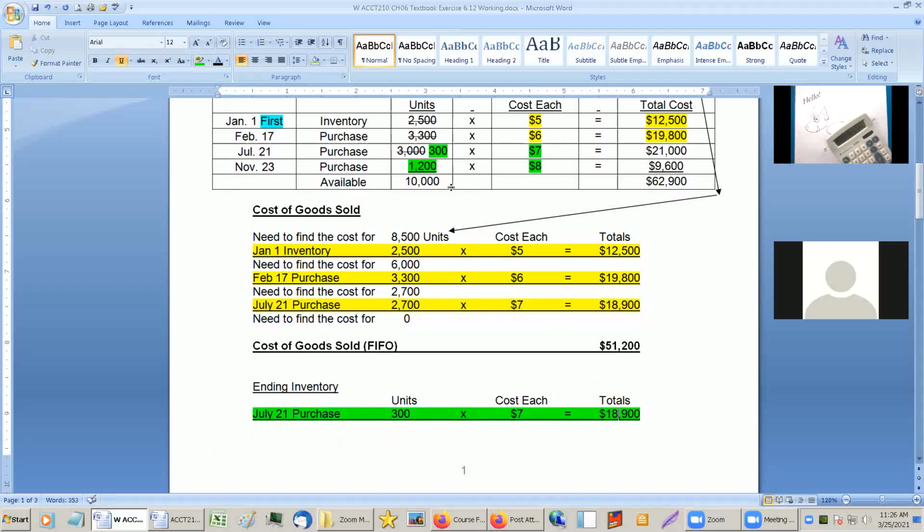Okay, so we still have 300 in that layer at 7. I think that's just 2,100, isn't it? Let me check that one, just make sure. So 300 times 7. Yeah. Okay, so we still have 300 at 7. That's from July 21st.